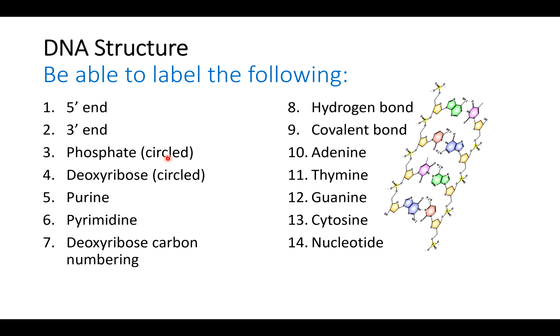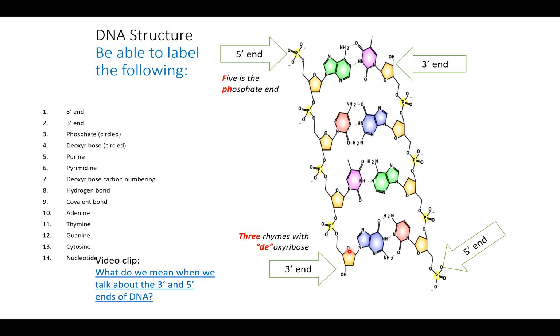Purine, pyrimidine: A and G are purines; C, T and U are pyrimidines. You should be able to number the deoxyribose sugar, and show the hydrogen bond, covalent bond, adenine, thymine, guanine, cytosine, and one nucleotide chain. So let's do practice.